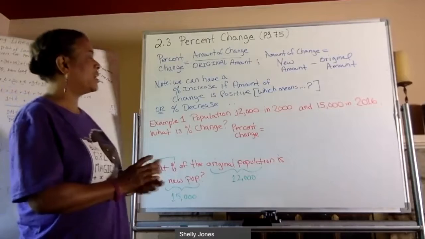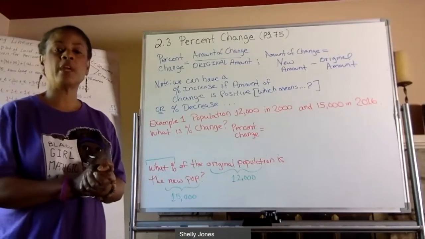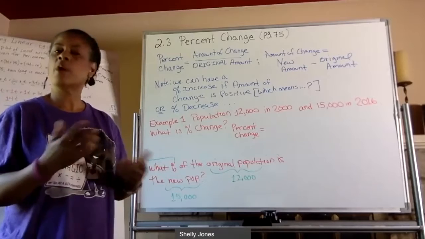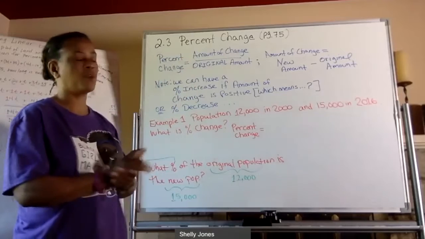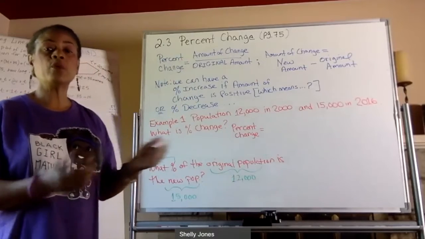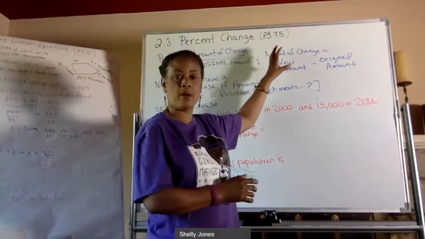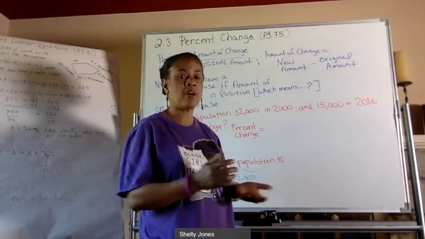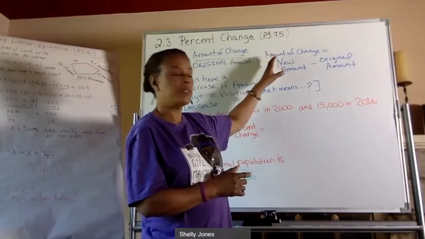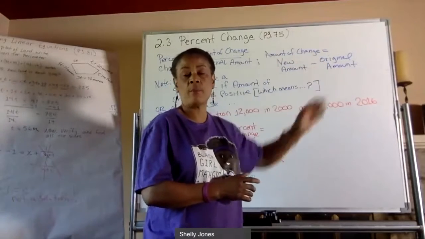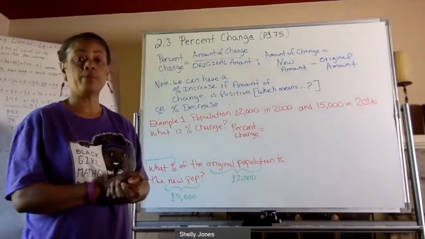So percent change is the amount of change, whether that change be in a population or in a price you pay for an item, over the original amount. In order to get the amount of change, you have to have your new amount, whether that be a discounted amount or an increased amount. You have your new amount minus your original amount, and that is your amount of change that goes in the numerator.